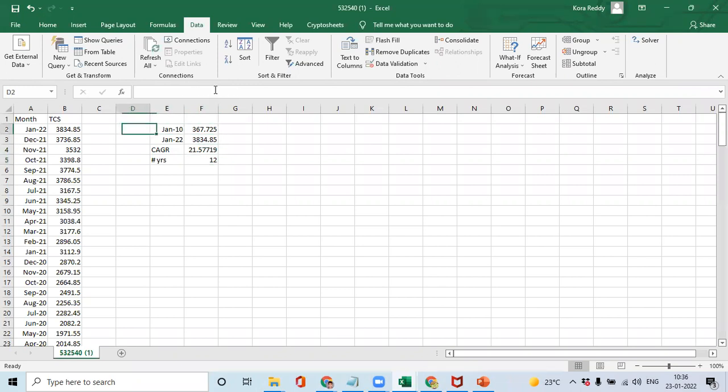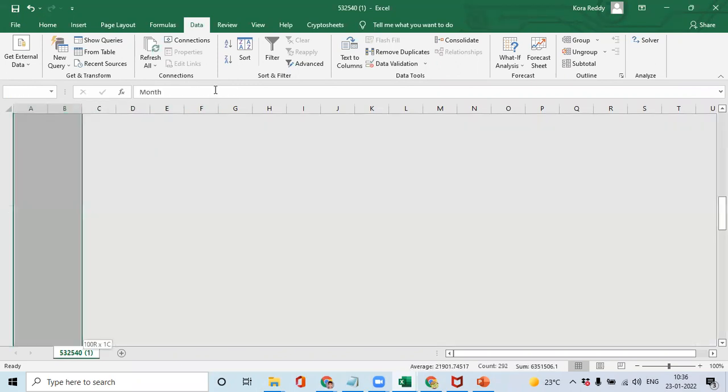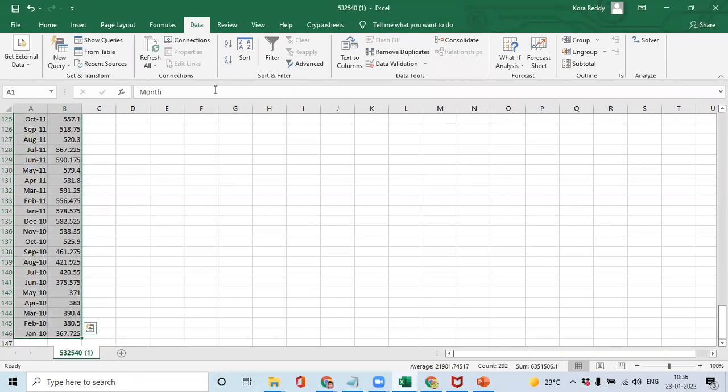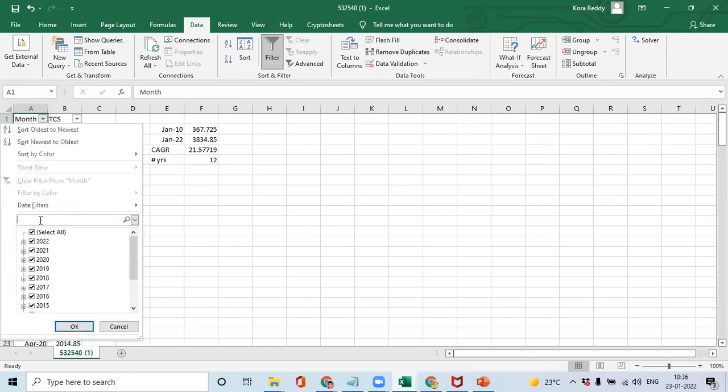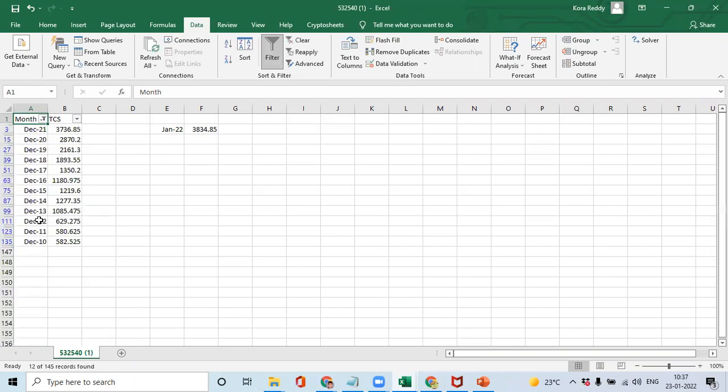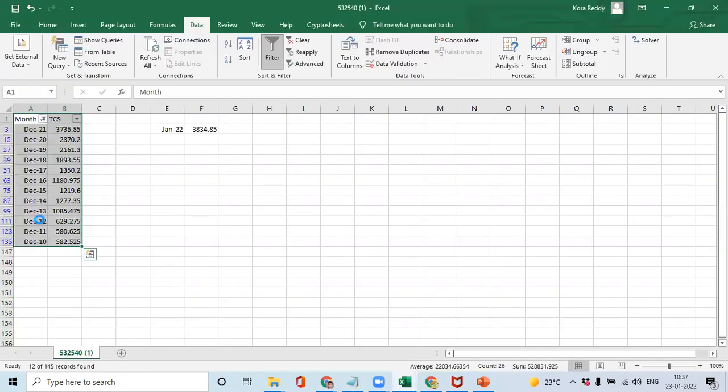This is a different thing which you again need to be aware of. So my approach is every December, I'm buying one stock of TCS. Just one stock.